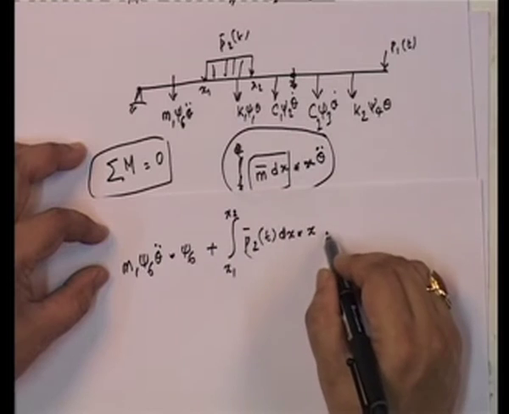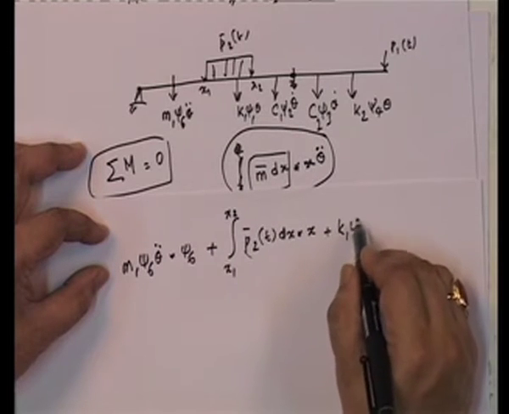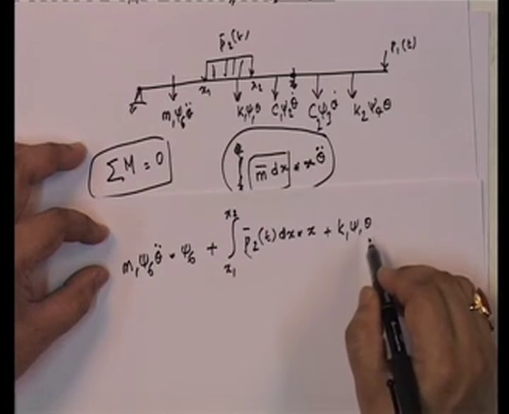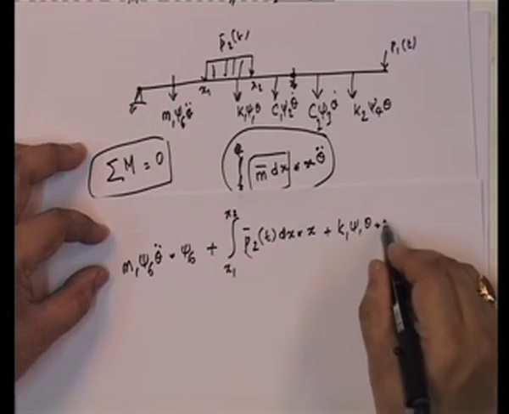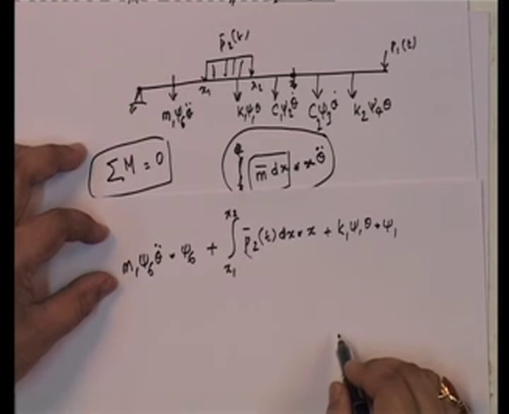Then I have this one, k1 xi 1 theta, and since xi 1 is the distance from this point, I am taking xi 1 as the distance.